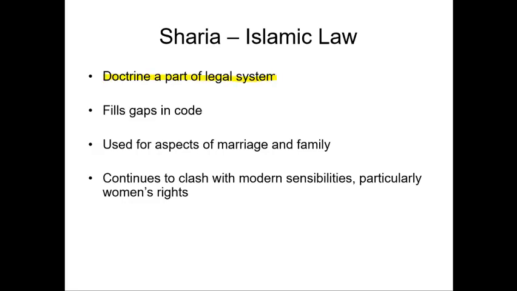They're also using it as a way to fill gaps in the code through tradition and moral sentiments that have been passed down from generation to generation, typically used for aspects of marriage and family, which are very much subject to traditions and customs.